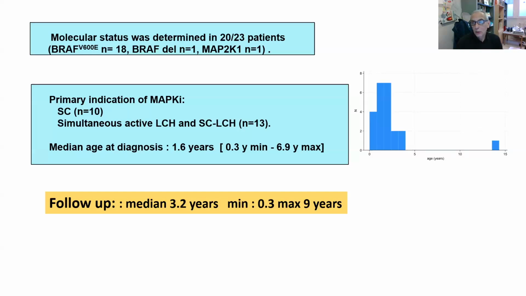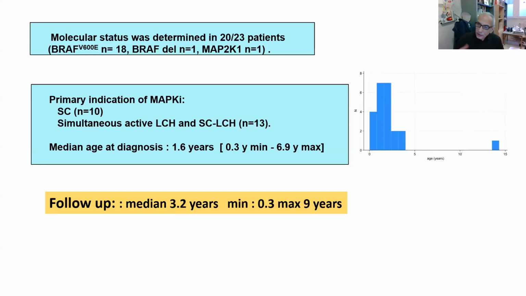In 3 patients, the molecular test could not be done, probably because of the quality of the DNA, or maybe because there is no mutation. We are not sure. For the 20 patients, most have a BRAF V600E mutation, and 2 others have one MAPK1 and another BRAF deletion.